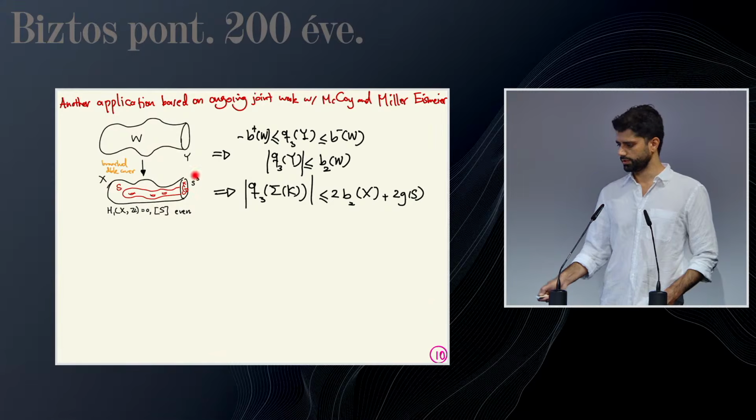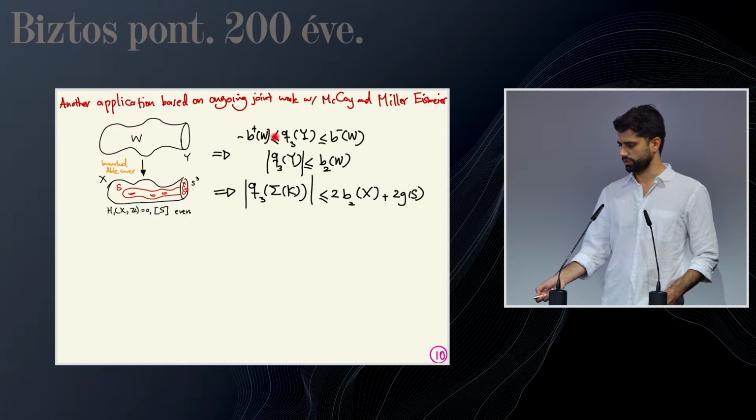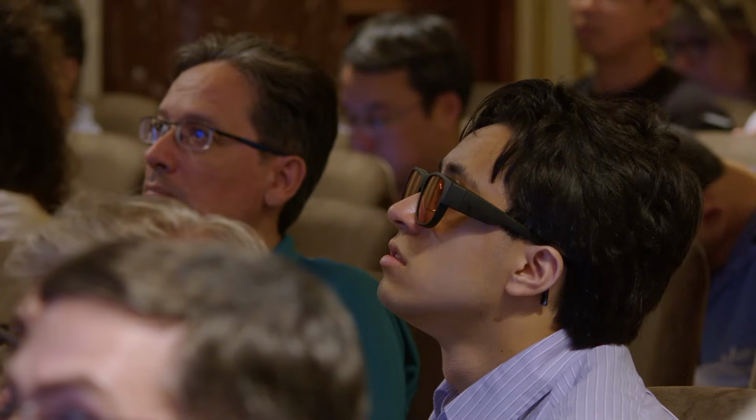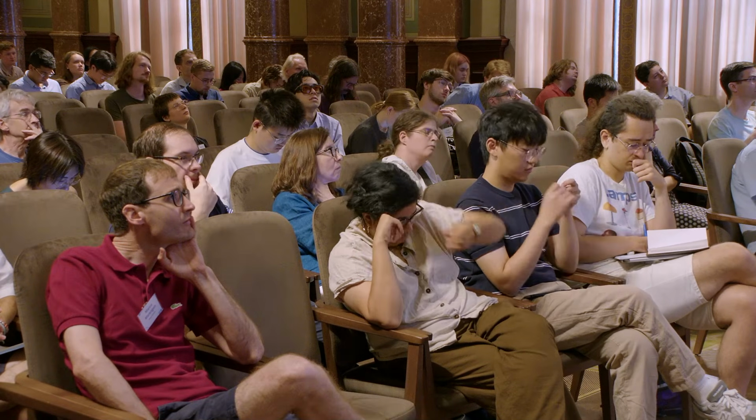So the inequality here would imply that the absolute value of Q3 of the branched double cover gives a lower bound on the b2 of the cobordism, the 4-manifold upstairs W, which is equal to twice the b2 of X plus twice the genus of S.